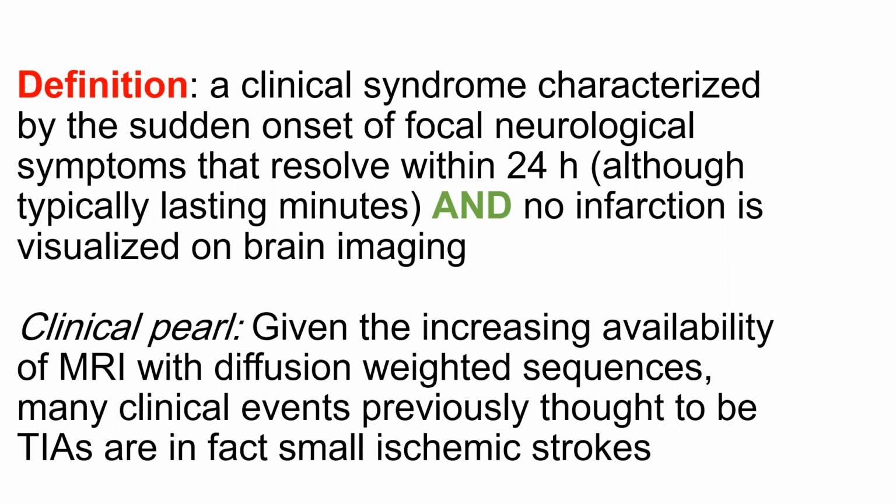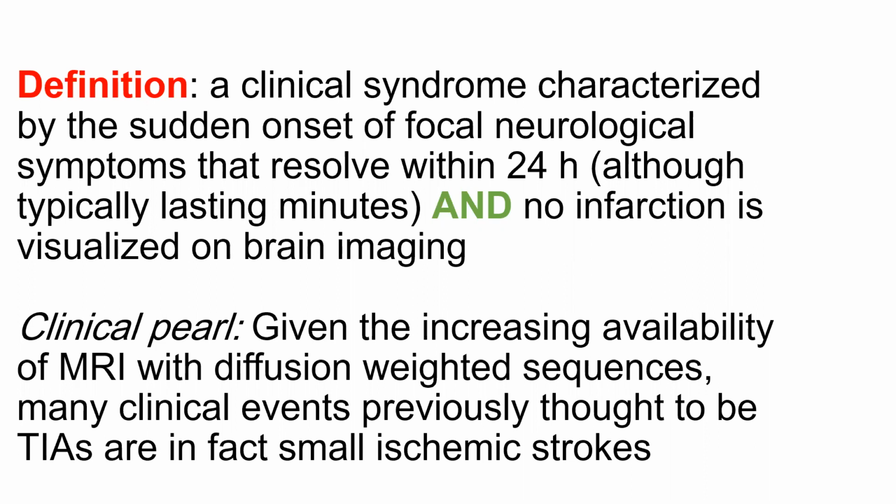So now the new definition of TIA is a clinical syndrome characterized by a sudden onset of focal neurological symptoms that can affect the retina, brain, or spinal cord. The symptoms resolve within 24 hours, typically lasting minutes only, and this is very important, and no infarction is visualized on the brain imaging. So this is the first idea.